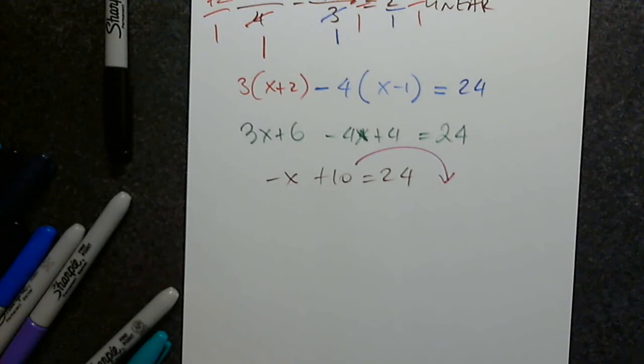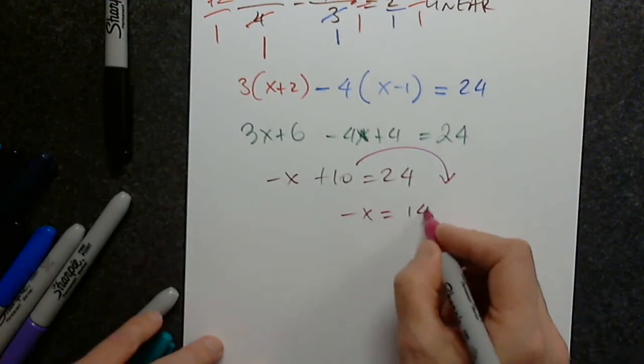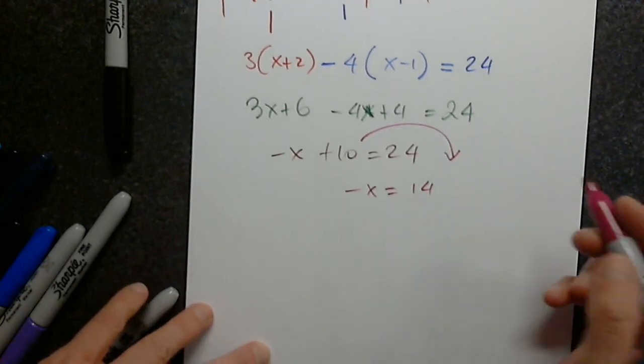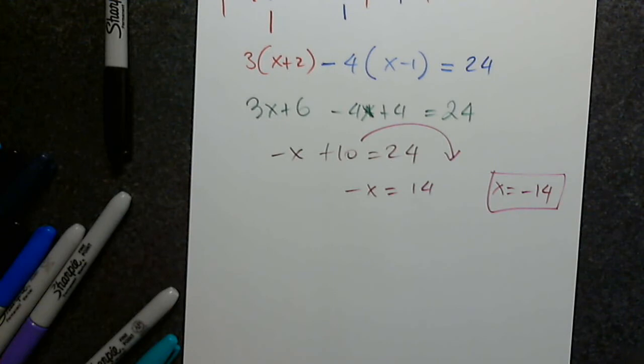There's nothing else. So I have negative x, 24 minus 10, which is 14. So negative x equals 14. Multiply or divide both sides by negative 1. x equals negative 14. And that is the final answer for this equation.